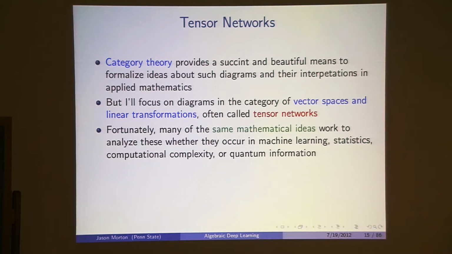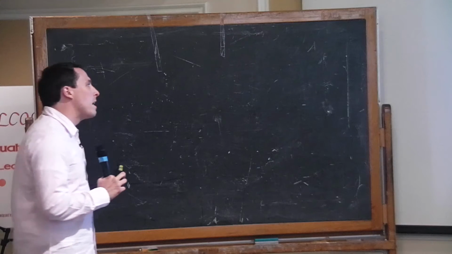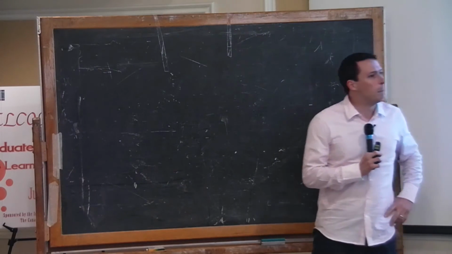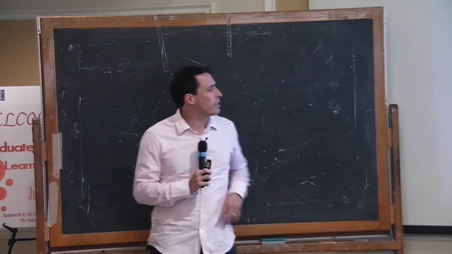And the reason that I'm going through this rigmarole is that it turns out that a lot of the same mathematical ideas can be used to analyze these tensor networks, or these networks of drawings, these monoidal categories, whether they occur in machine learning and statistics, computational complexity as circuits, quantum circuits, things like that, constraint satisfaction problems, quantum information, circuits, many-body systems, and things like that.